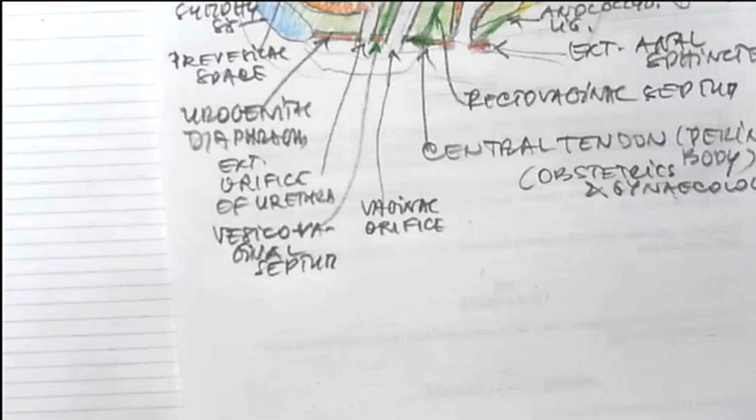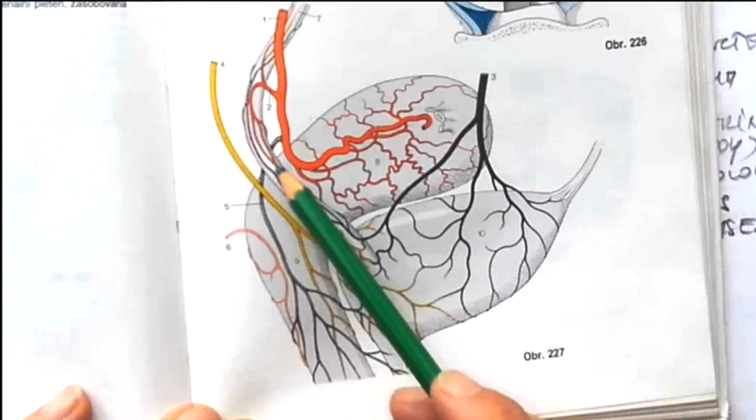But there are more arteries, definitely. There are arteries that descend. This is the inferior vesical artery. This is the uterine. Here is the branch of the internal pudendal. Here is the branch of the superior vesical, etc. You see the direct approach of the arteries to the urinary bladder, to the uterus, to the vagina.